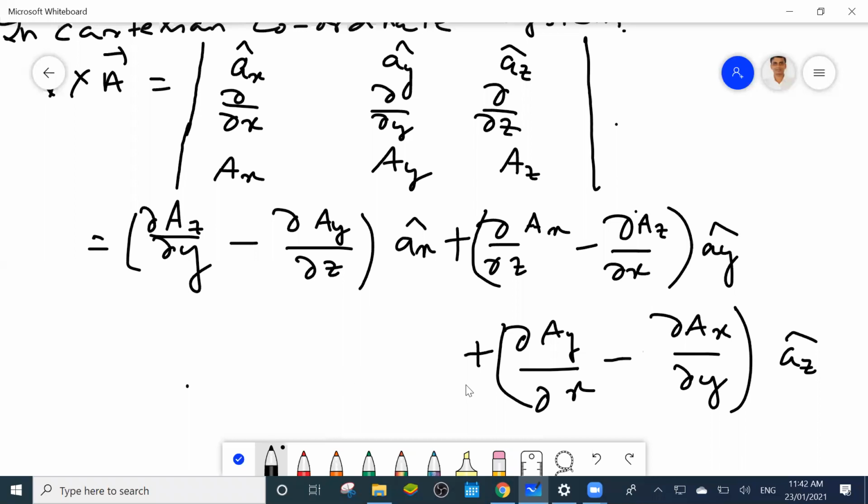So all of you find out what is the curl of a vector A in cylindrical coordinate system.